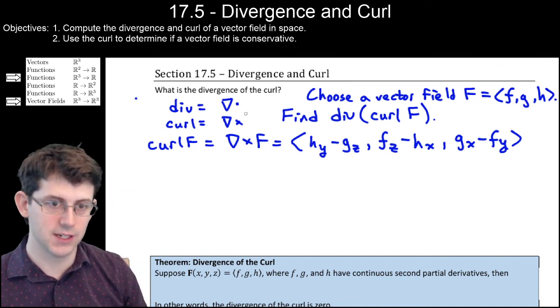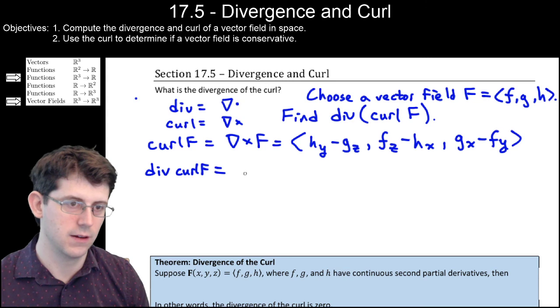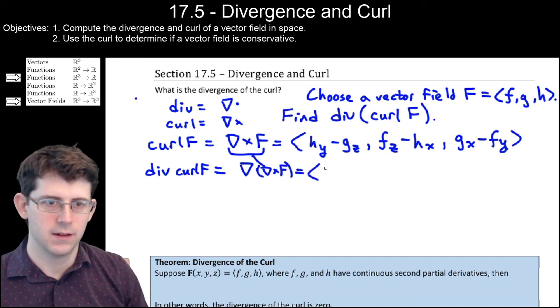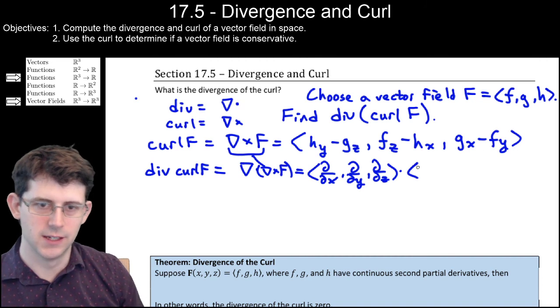Let's find divergence of curl of F. So we're going to do del dot this thing. We're going to dot partial x, partial y, partial z with this curl.